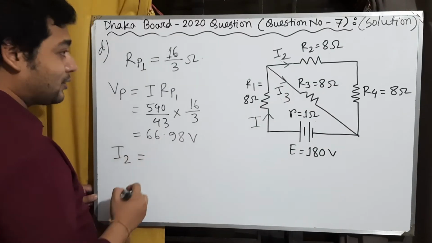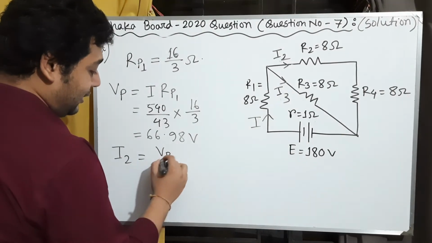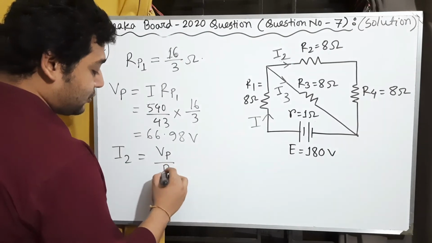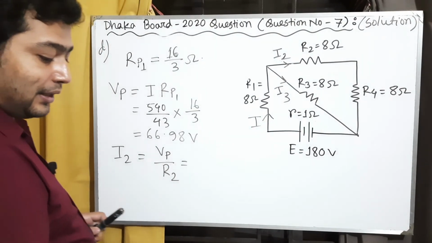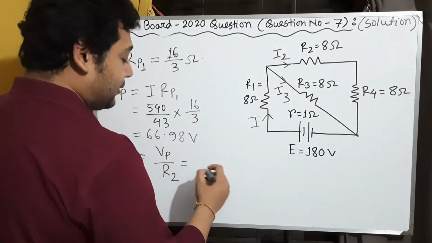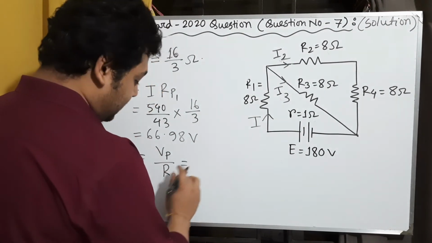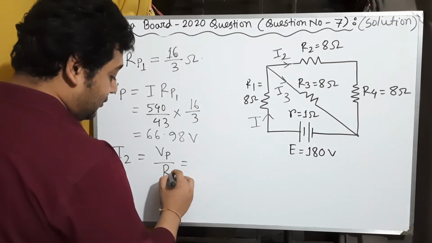I2 equal to Vp by RS1, not R2, here RS1.